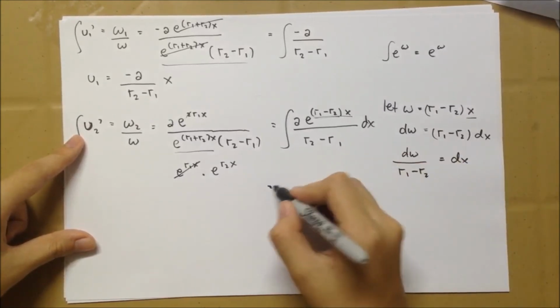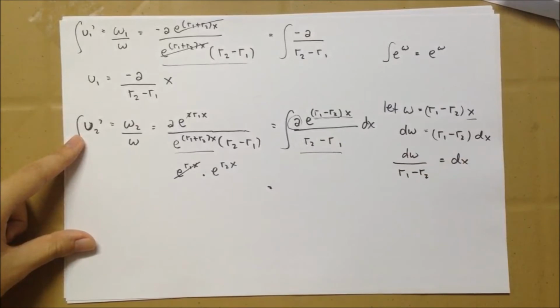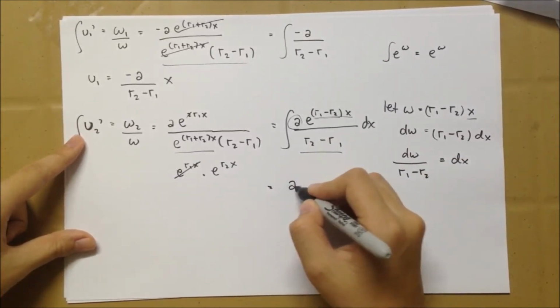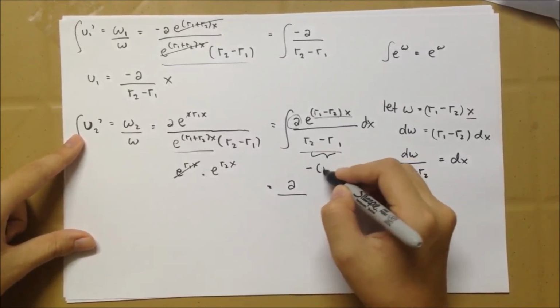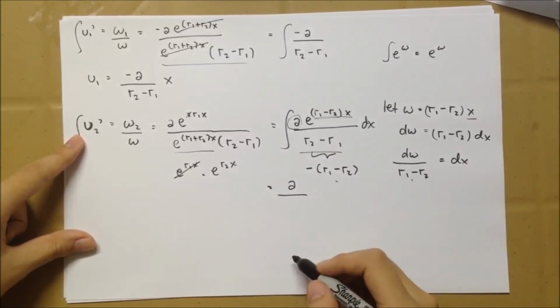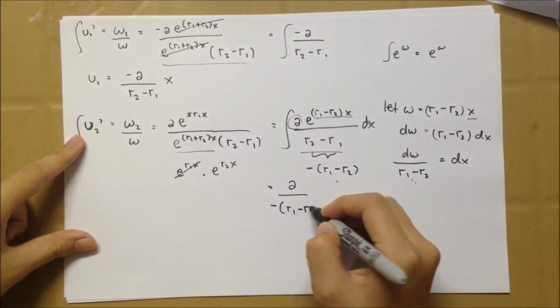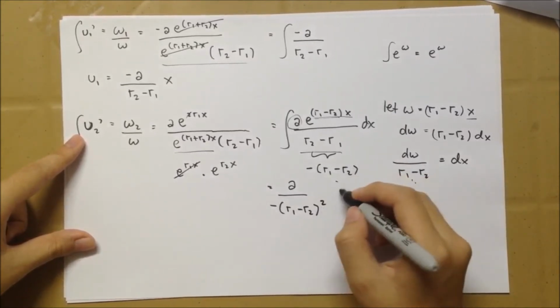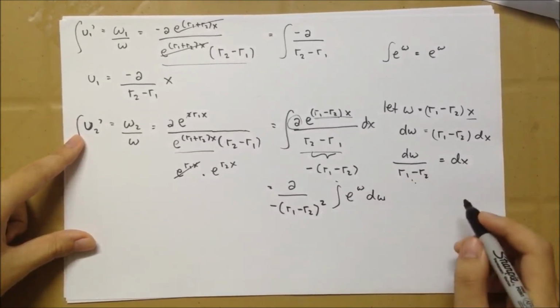So thus I can rewrite this. Since this one is a constant, I will just put it outside the integral sign. So I'll have a over, and I can rewrite this as negative r1 minus r2, so that I can combine it with that one. So I will have negative r1 minus r2 squared integral of e to the w dw.